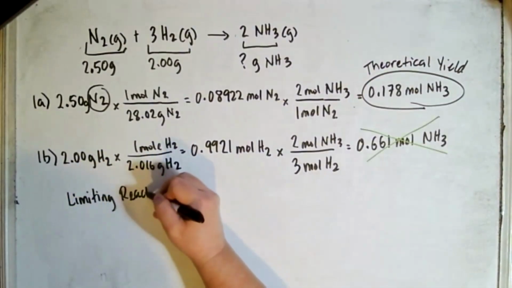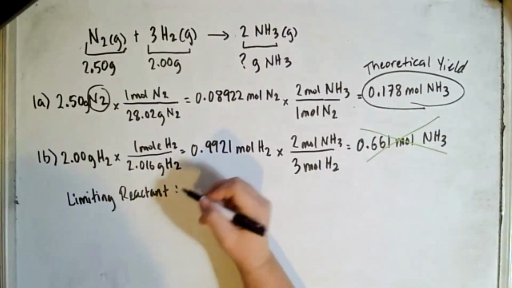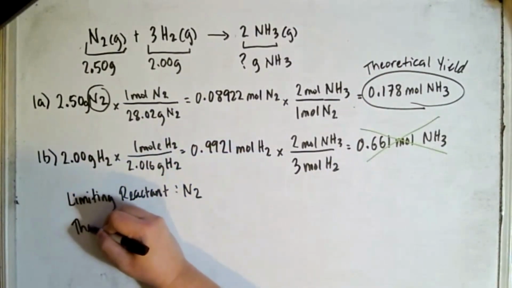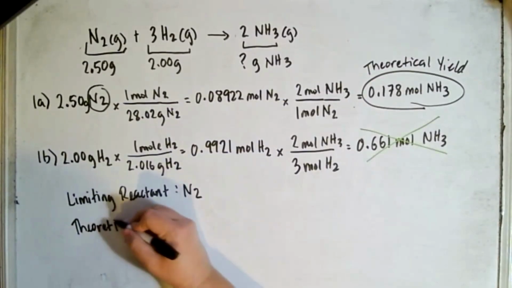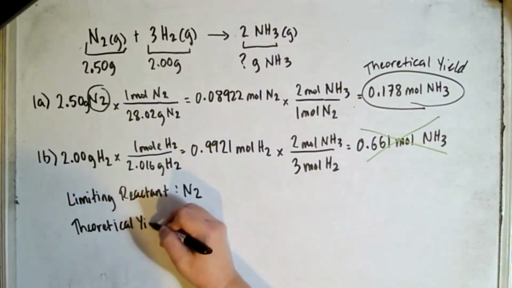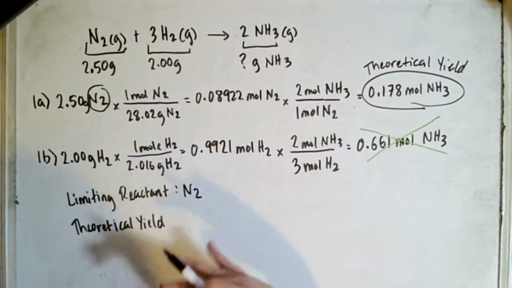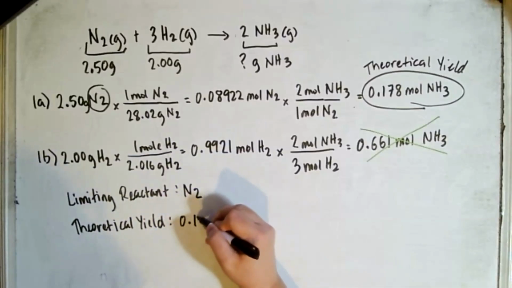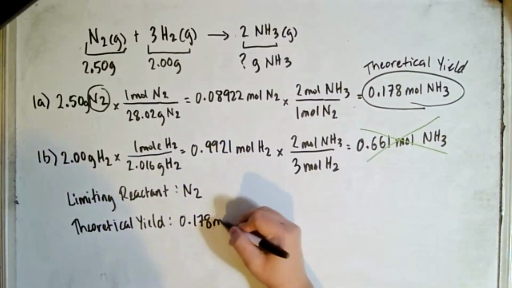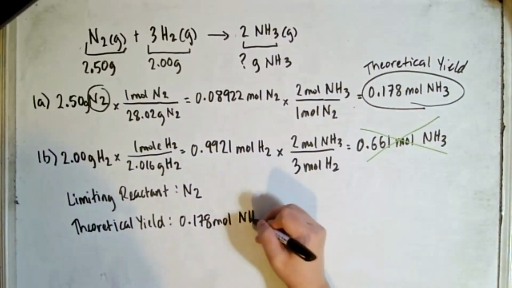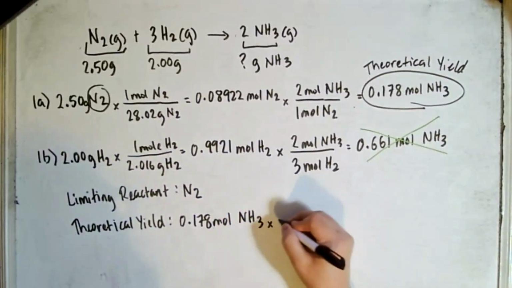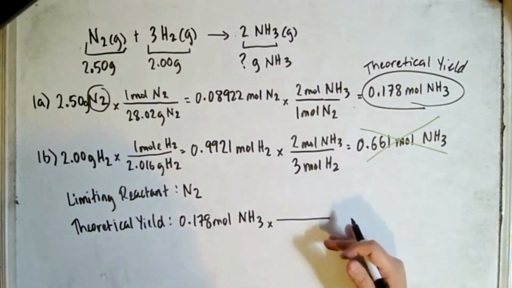So our limiting reactant is going to be our nitrogen, and our theoretical yield, which is the amount of product that we're able to form before one of our reactants runs out, is going to be 0.178 moles of NH3. And then we can take this value and convert it into whatever unit our answer choices are in.